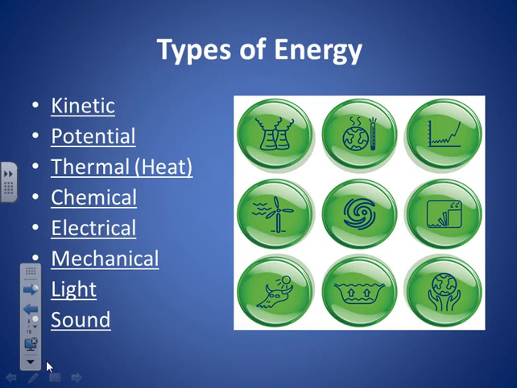It is just constantly being transferred between these different types of energy. Remember, kinetic and potential are your two most basic. But there are some very specific types of energy. You've got thermal energy, which is heat. You've got chemical energy, electrical energy, mechanical energy, light energy, and sound. Those are all of the types of energy that we are going to explore.